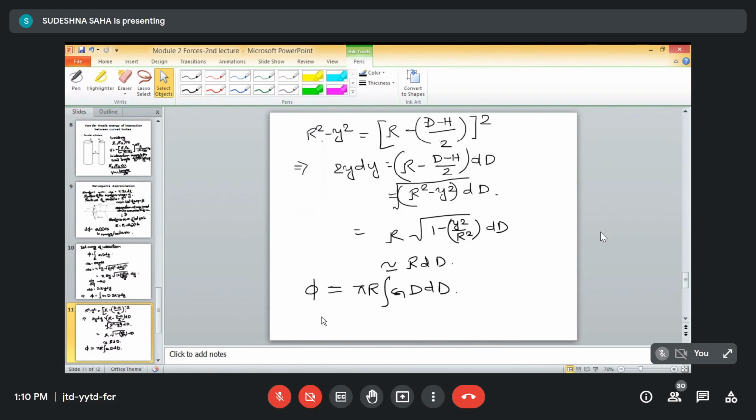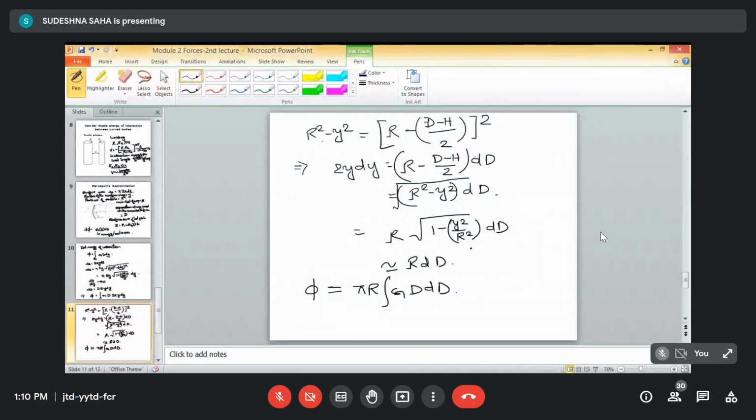And this equation is for particles having similar diameter. This equation can further be written for different radius particles like R1, R2.